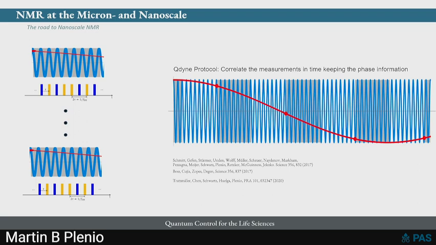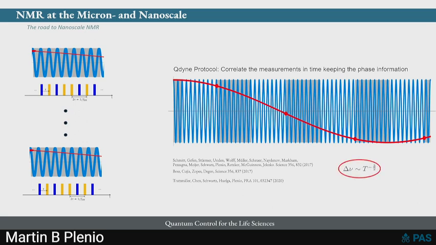And that works because you are now using an external clock that allows you to keep track of the phase. This is also much closer to what standard NMR would be doing, and this allows us now to take the resolution limit from this kilohertz to, again, the hertz regime.